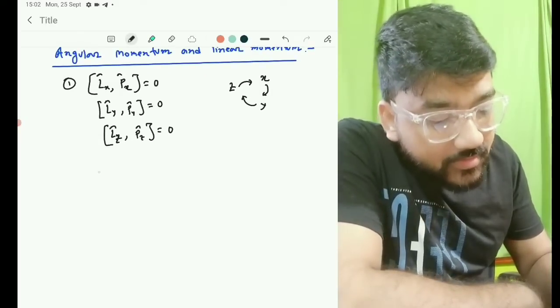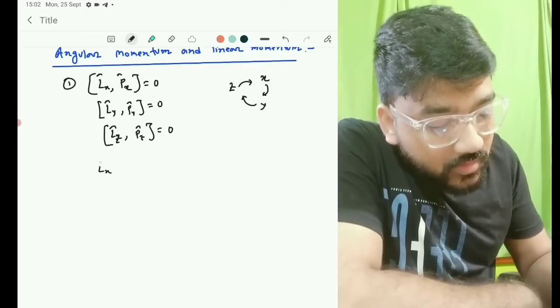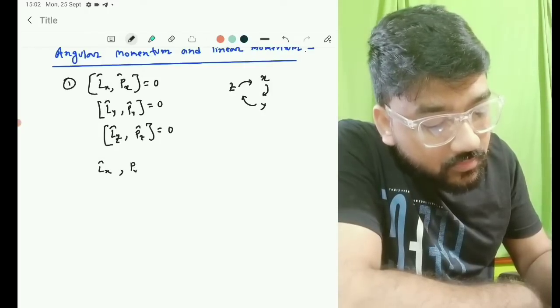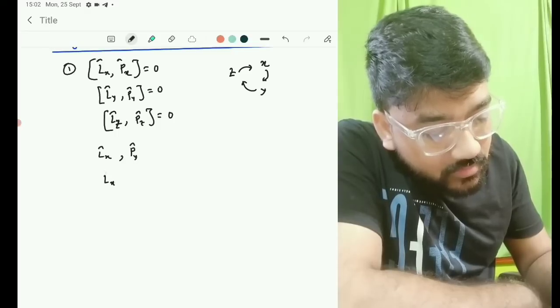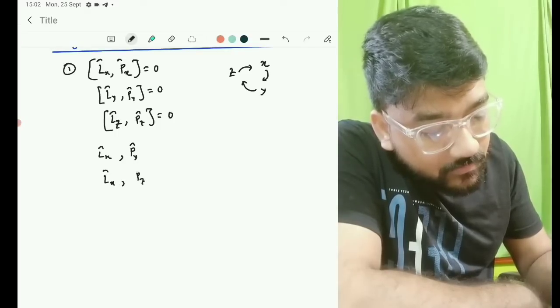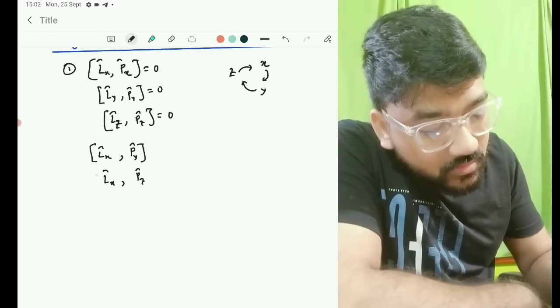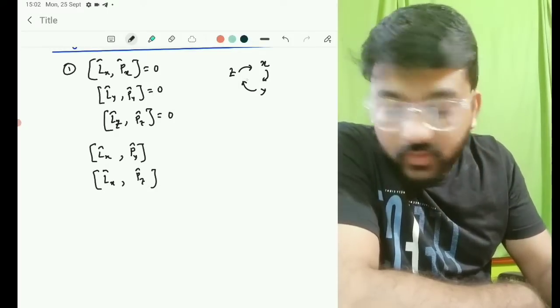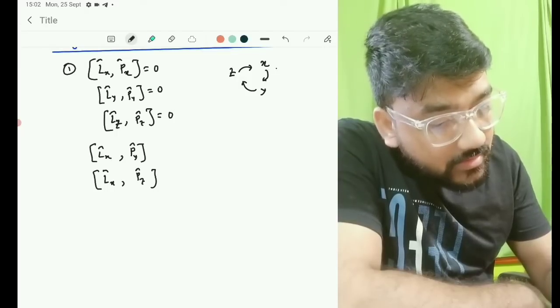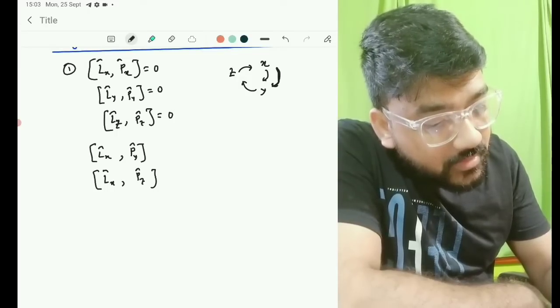Now suppose Lx with Py, or you can write Lx with Pz. Here you should think that x to y will be z, and you can see it is just the clockwise sense.